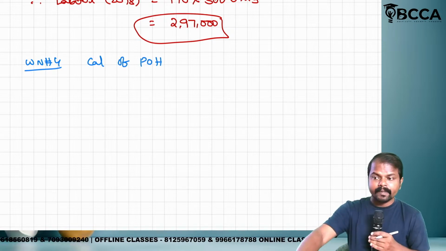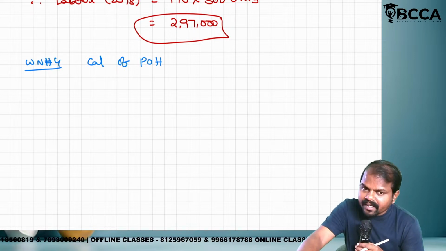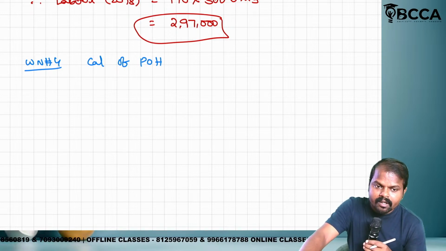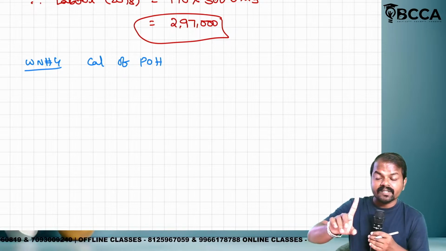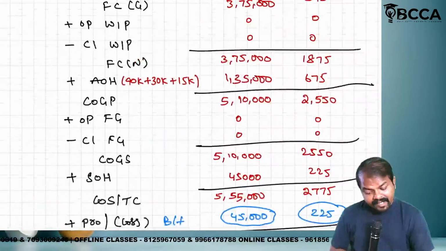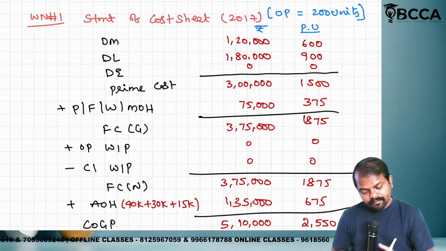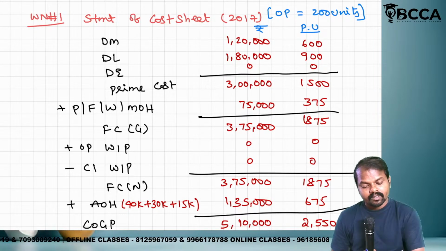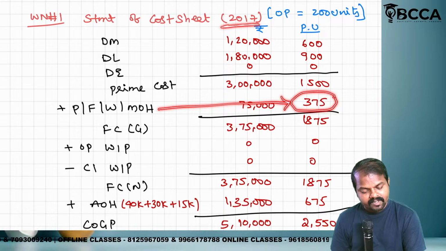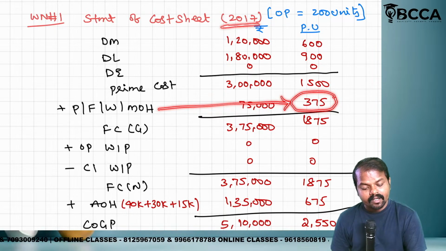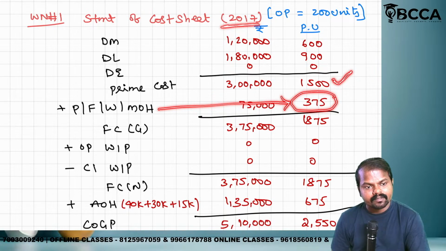Please read the question paper. POH will be increased in proportion to the material and wages. Correct? In 2017, what is the POH? 375, when material and labor is 1,500.